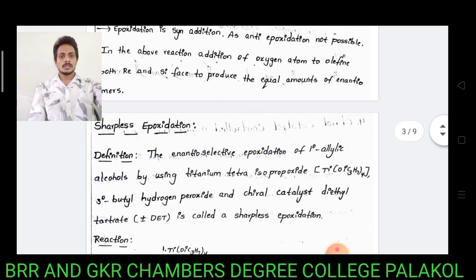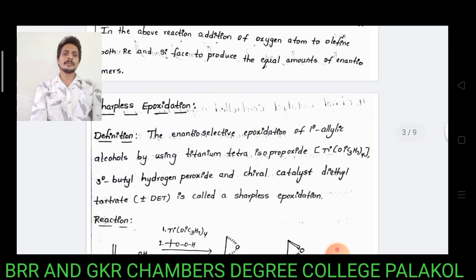Okay, Sharpless epoxidation is a well-known epoxidation reaction to produce unequal amounts of alpha epoxides or beta epoxides. Okay, first, what is Sharpless epoxidation? The enantioselective epoxidation of primary allylic alcohols by using titanium tetraisopropoxide, tertiary butyl hydrogen peroxide, and a chiral catalyst, diethyl tartrate, is called Sharpless epoxidation.